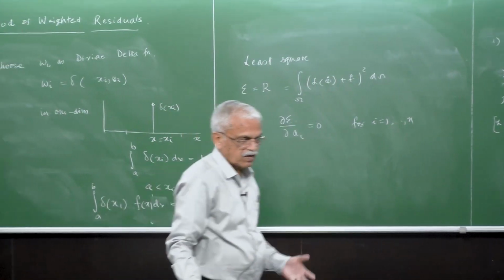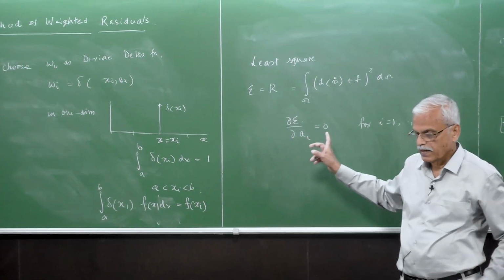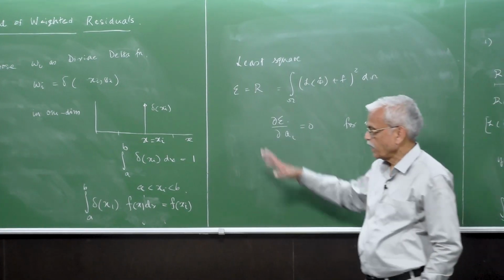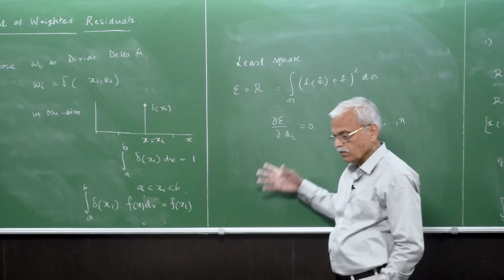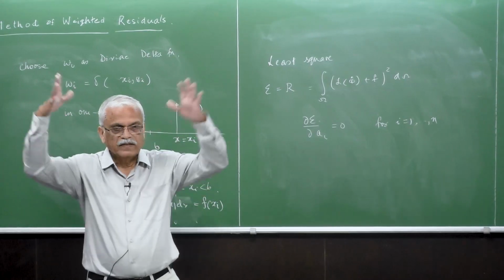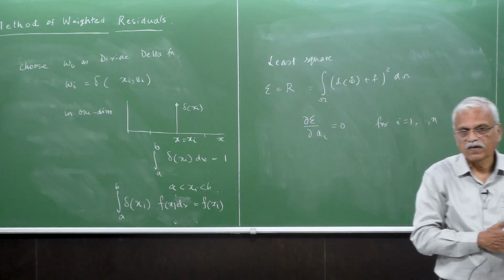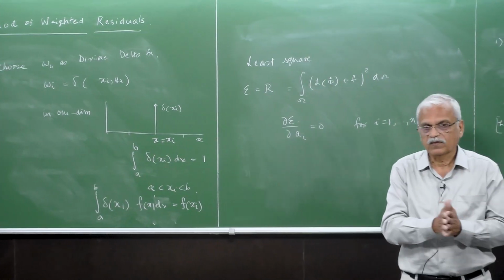So these are various things, but the Galerkin weighted residual method is the most popular. These are some offshoots which have been in existence. So many methods come under the class of method of weighted residual.